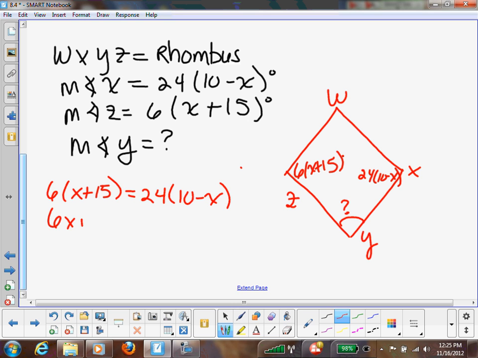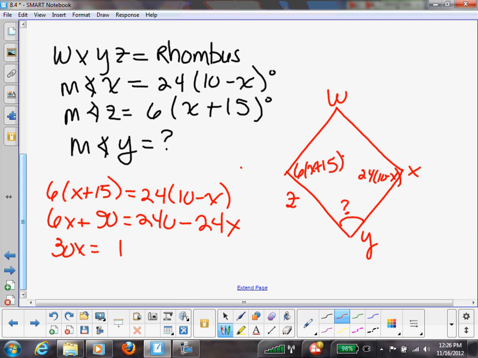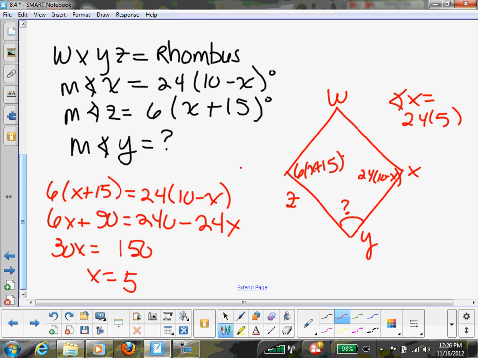So 6x plus 90 is equal to 240 minus 24x, yes? And so then I'm going to get 30x is equal to 150, so x is equal to 5, then angle X is equal to 24 times 5, which is 120 degrees, correct?